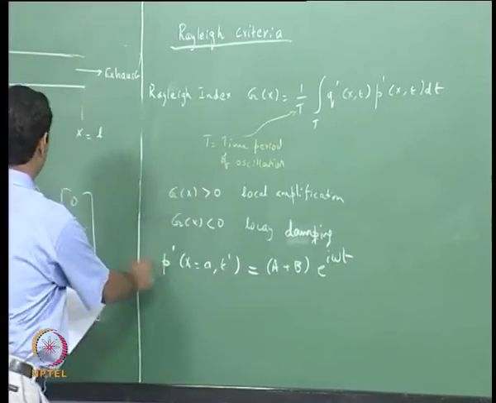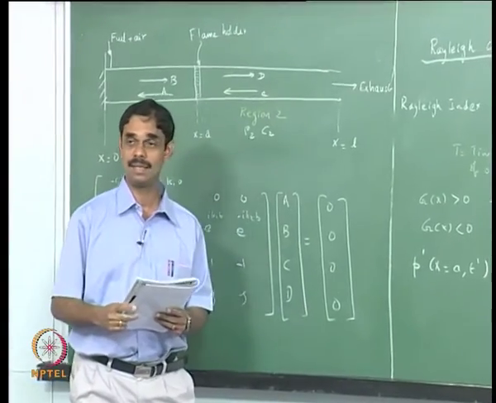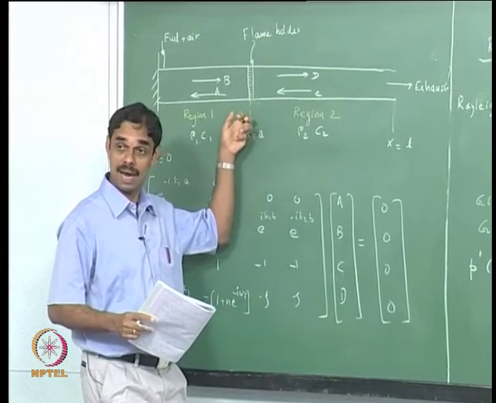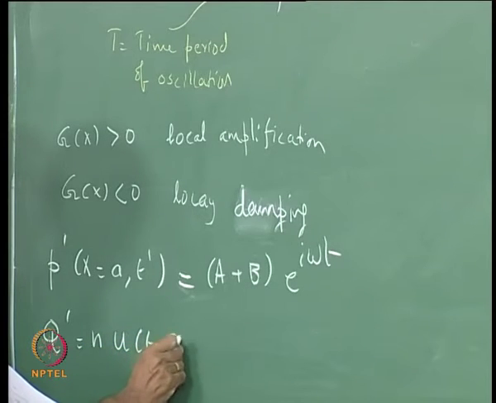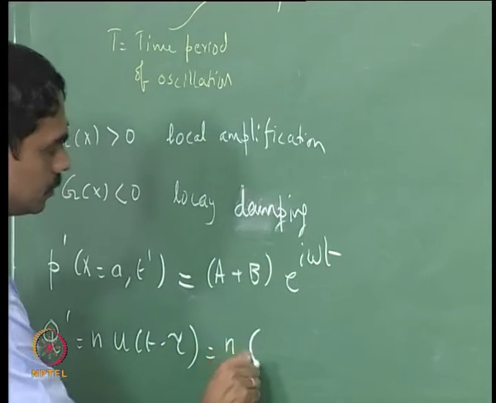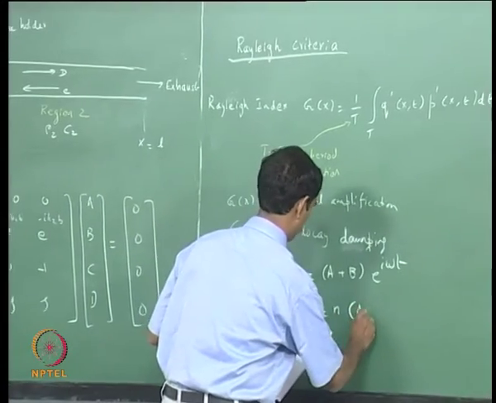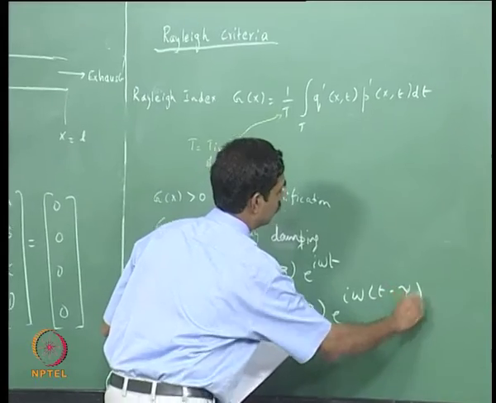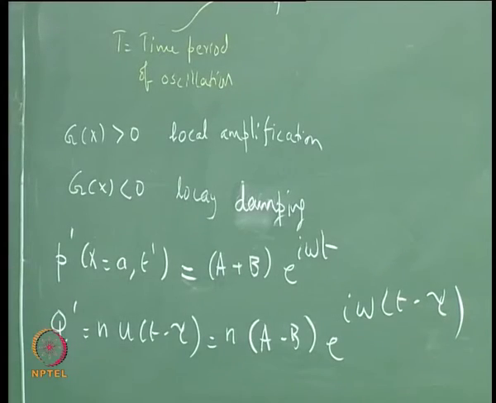So this is the pressure at this location. Now what we need is the heat release rate, which depends on the velocity at this location, but delayed by time tau. The rho c and all will get cancelled with those factors with n.